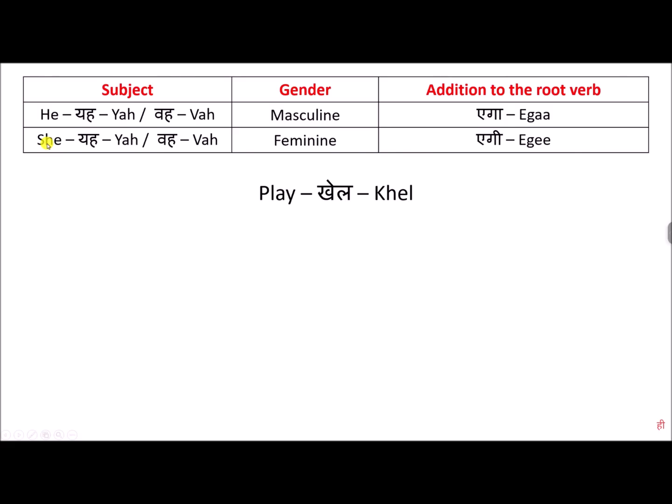Okay. When the subject is masculine, we add ega to the root verb. When the subject is female, we add egi to the root verb. Okay. Let us see some examples.